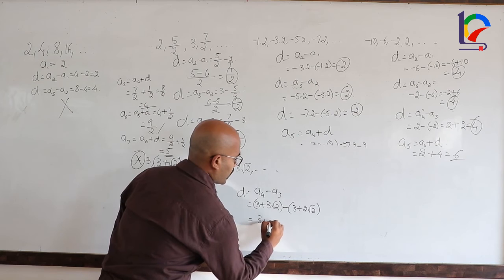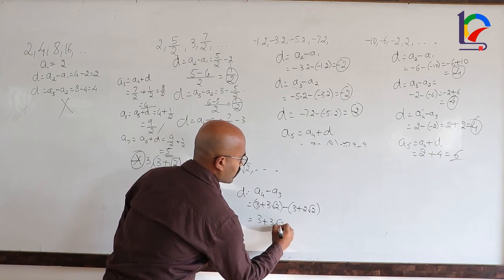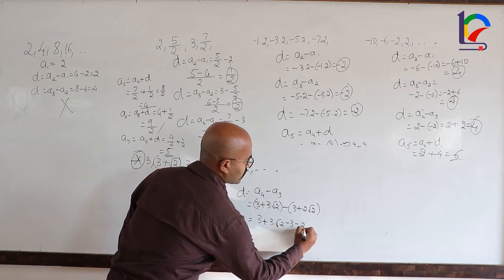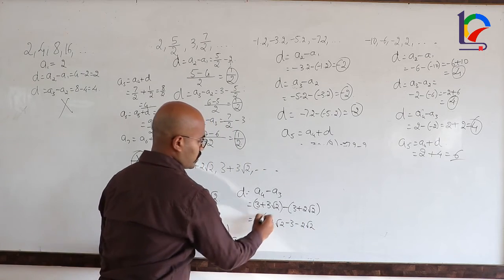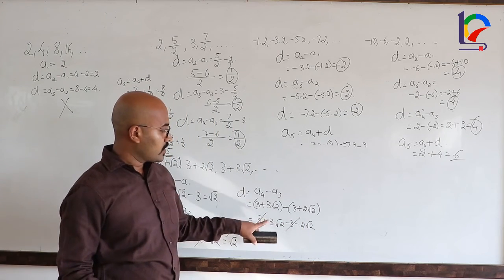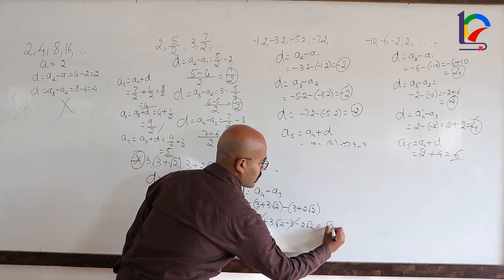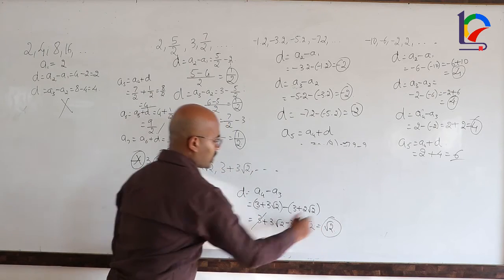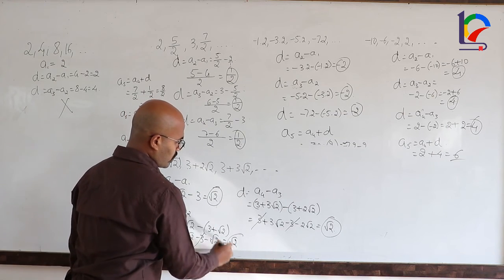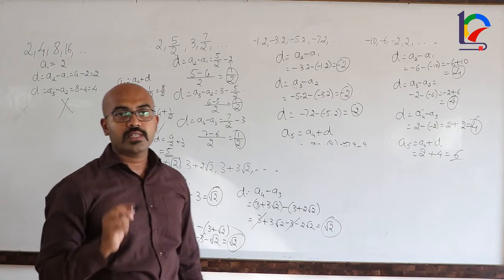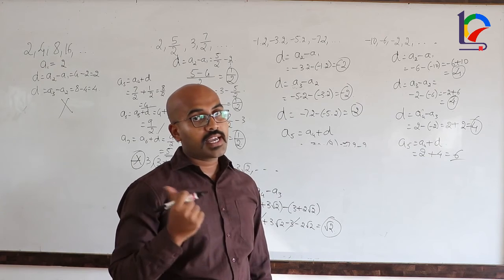So 3 plus 3 root 2 minus 3 minus 2 root 2. So 3 and 3 gets cancelled. So 3 root 2 minus 2 root 2 is root 2. So here it is root 2 and root 2. So the common difference is the same. Hence it forms an AP.